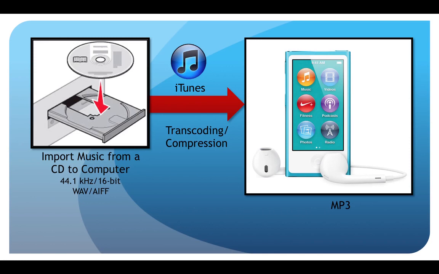This is lossy compression. This simply means that lots of data from the original recording is going to be thrown out and lost forever, unless you save the original recording, in order to produce an MP3 file that is 1/10 the size of the original. And this is what happens in your iTunes program as you're working with the music.